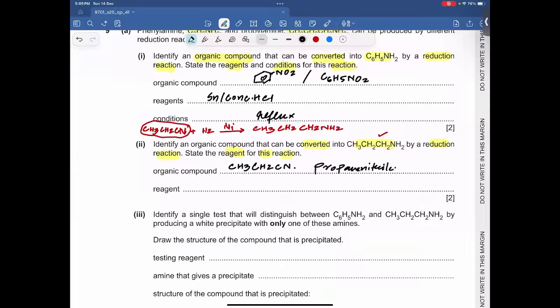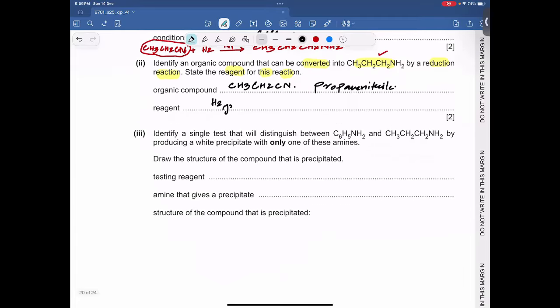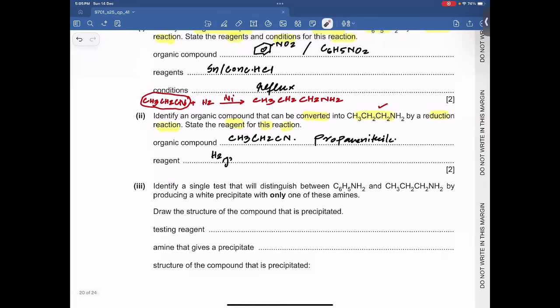And the reagent used for this reaction is hydrogen gas. Okay. And condition is going to be nickel, right? The examiner is not looking for the condition, so we don't need to write nickel catalyst. By the way, you can form amine when amides undergoes reduction with lithium aluminum hydride. Okay, that's also a possible answer for this part.